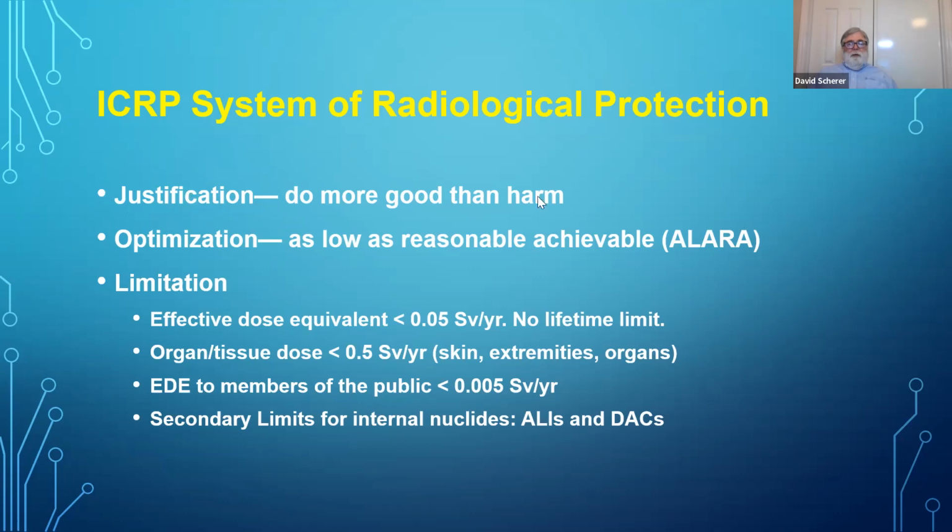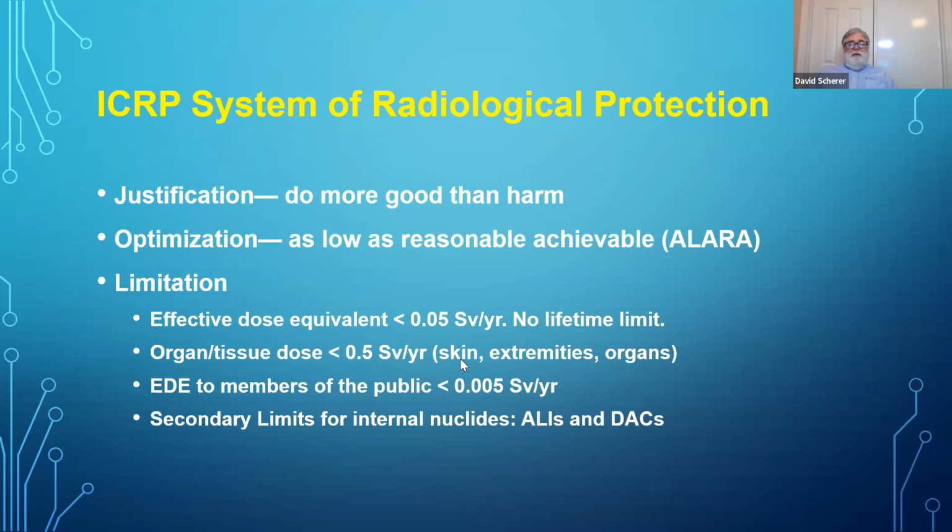So we should only use radiation when it has a net benefit. We should try to keep the exposures as low as they can be reasonably, and then they should never exceed a certain level. In the ICRP recommendations early on, the effective dose should be no more than 5 rem per year for workers, and there was no lifetime limit at that time in the ICRP system.